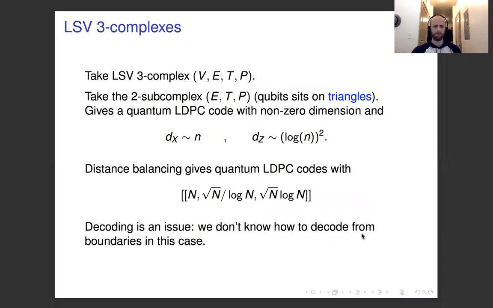So you improve the distance a bit by a square root log n factor, but now you're losing the decoding procedure because we don't know how to decode from boundaries in high dimension. But this gave you a slightly better distance.